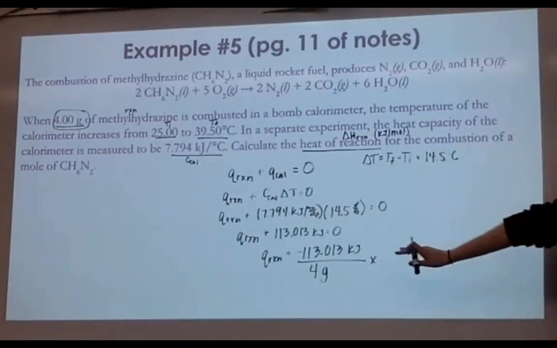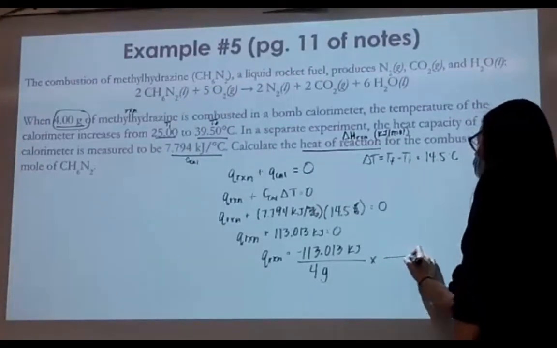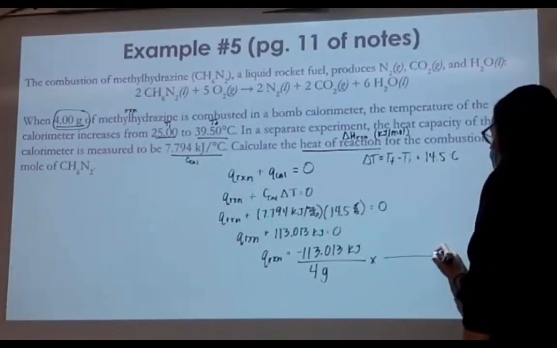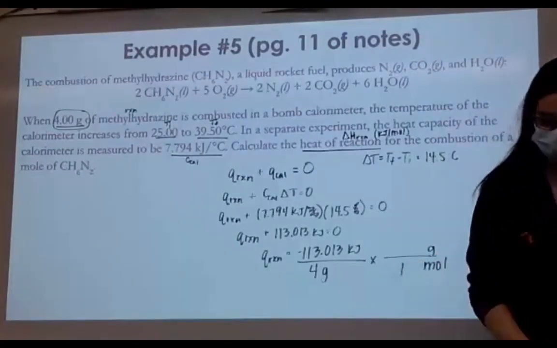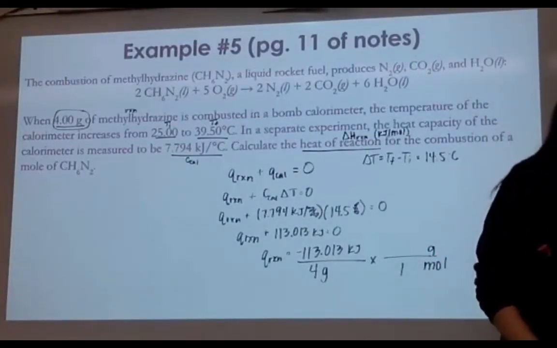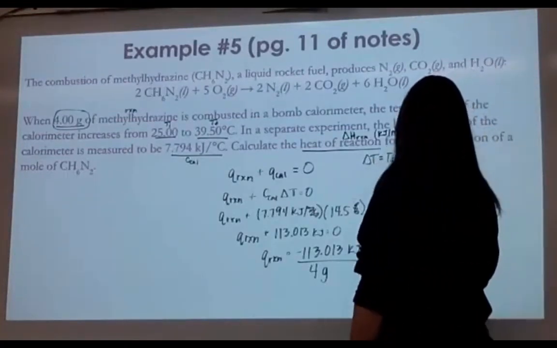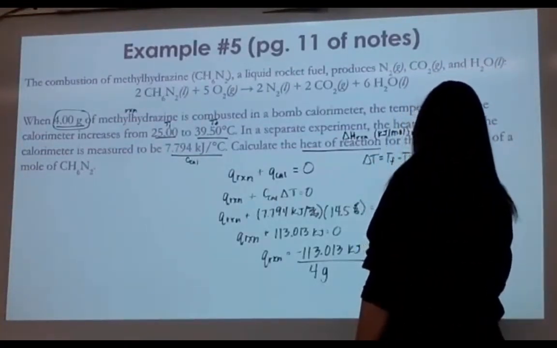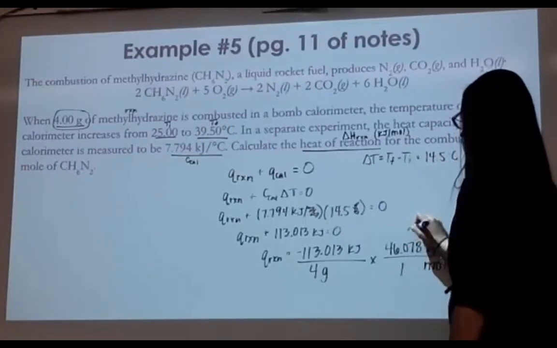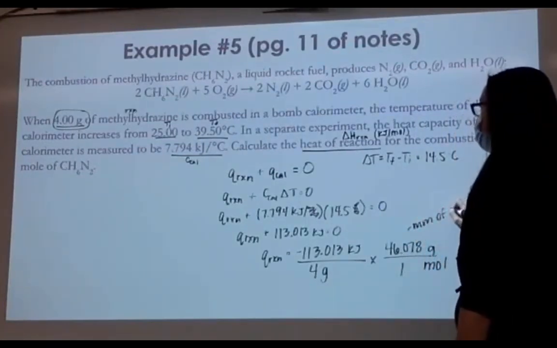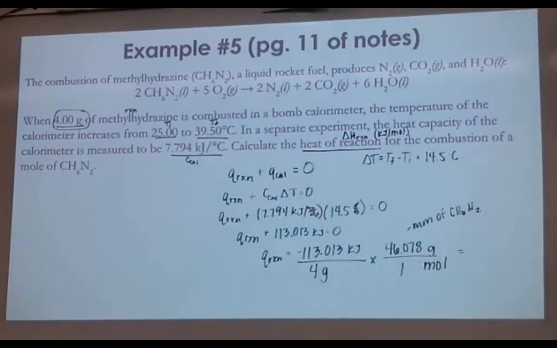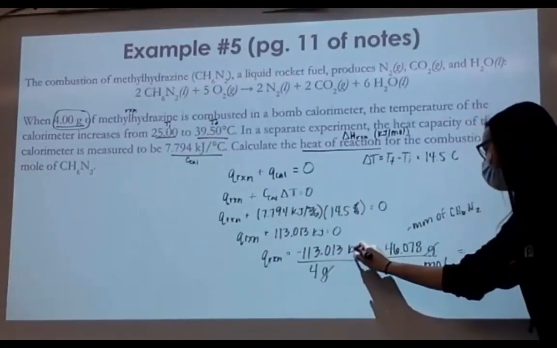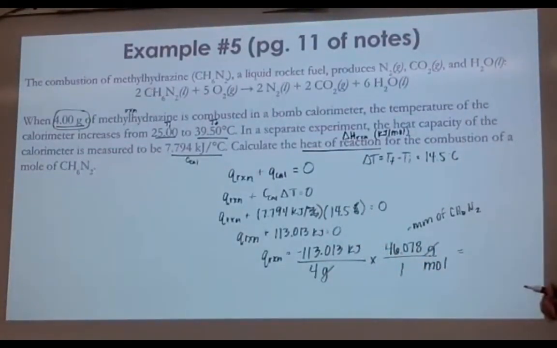We don't want kilojoules per gram. We need to go from grams to moles. I'll give you the molar mass right now: 46.078. Again, that's the molar mass, CH6N2. So my grams cancel. Now I have kilojoules over moles.